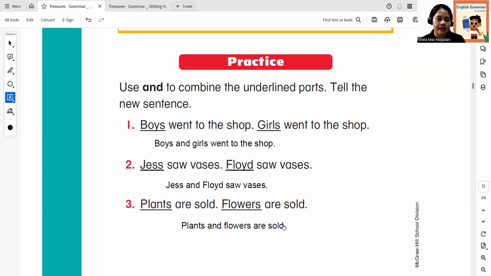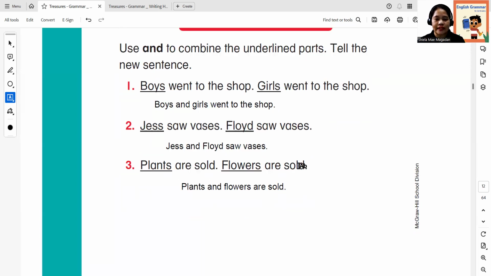If you can see here, boys and girls went to the shop, Jess and Floyd saw vases, and plants and flowers are sold. Can you read this? Okay, so we are done with combining subjects with the same predicate.